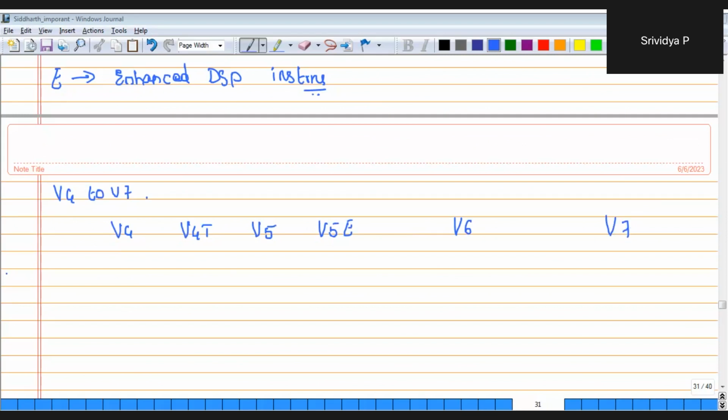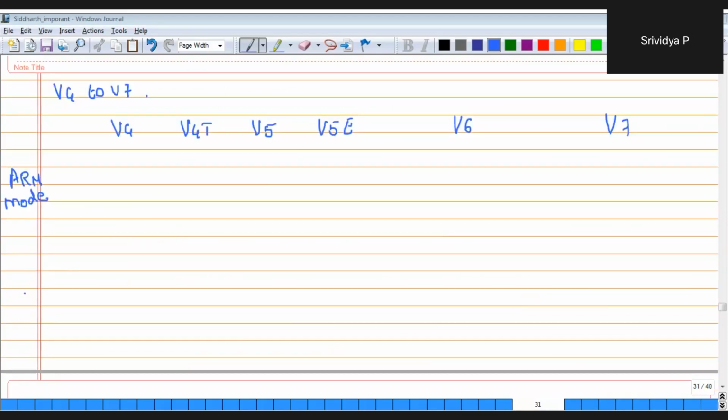ARM processors can execute in two modes: ARM mode and Thumb mode. In ARM mode, it acts on 32-bit instructions. In Thumb mode, it works with 16-bit instructions.